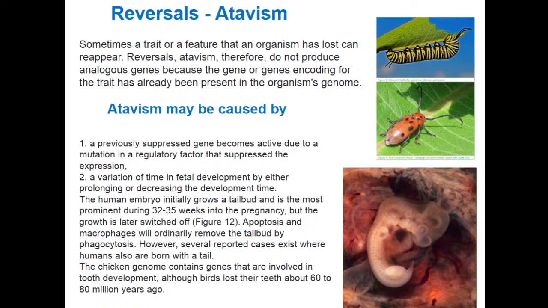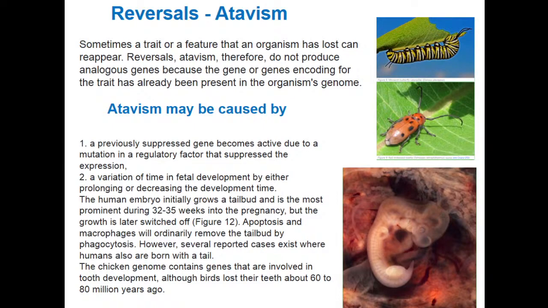Atavism may be caused, first, by a previously suppressed gene becoming active due to a mutation in regulatory factors that suppressed its expression, and second, by a variation of timing in fetal development, either prolonging or decreasing the development time.